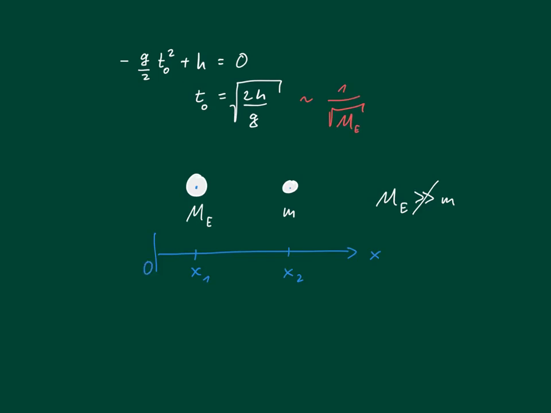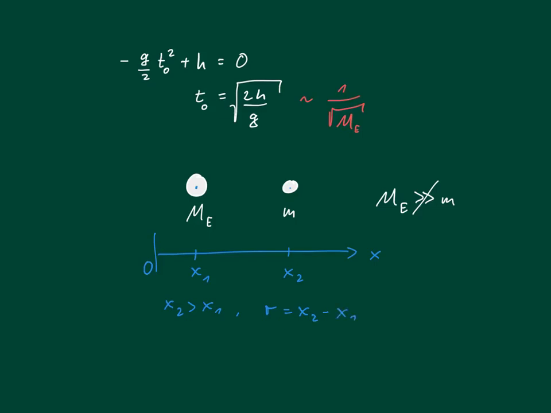Let's assume here x2 being larger than x1, and define the distance between both to be x2 minus x1.